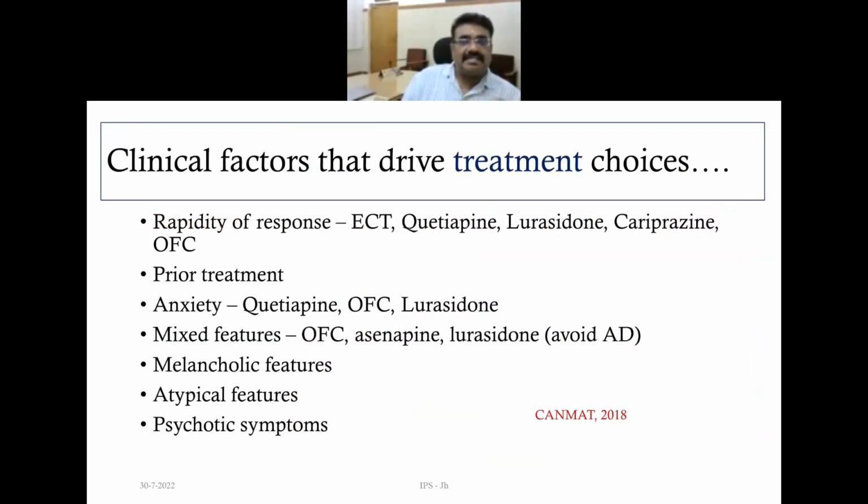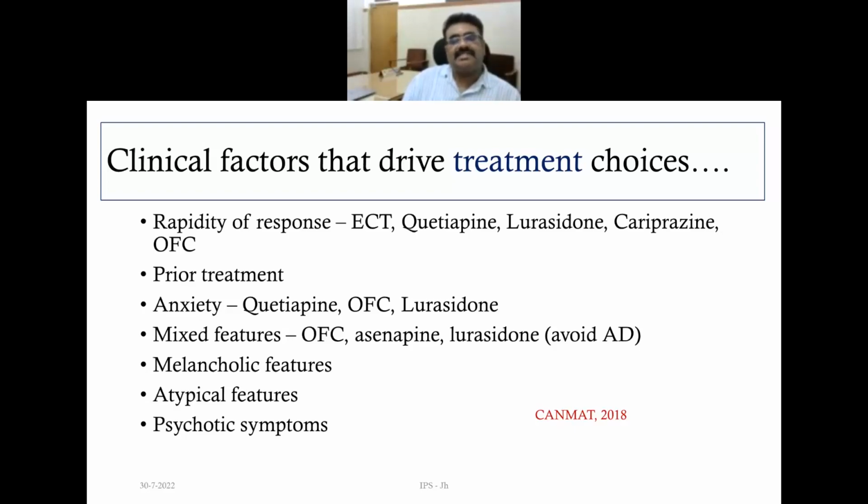So, clinical factors that can dictate treatment choices. One is the rapidity of response that you want. In that order, you would have ECT, quetiapine, lurasidone, cariprazine, and olanzapine-fluoxetine combination. A lot of times we go with the drug that we have used previously and to which the patient has responded well. Especially if someone has had a prior episode of depression, then we should take into account that treatment.